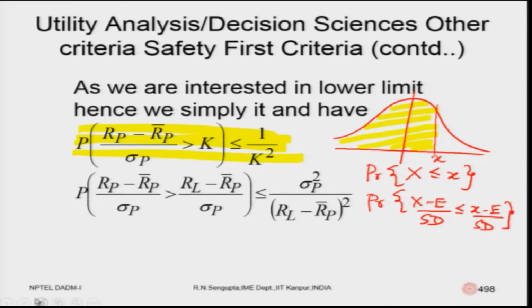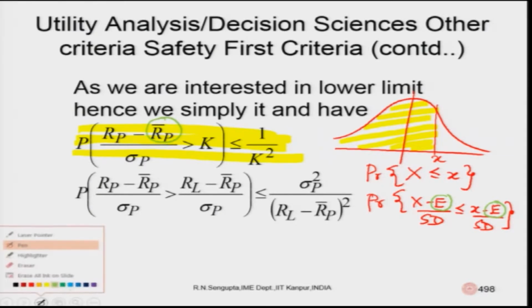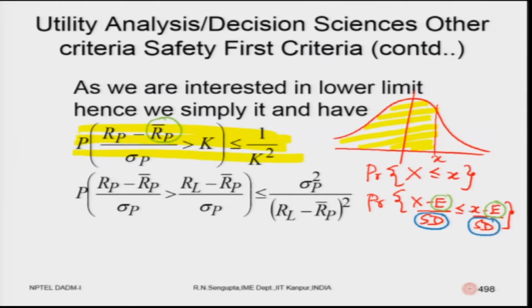This expected value which we have is actually this, and the value of standard deviation which we have is basically sigma p. So, trying to find out the probability of the area using Chebyshev's inequality basically gives us a bound. So, this is the bound which I am talking about.